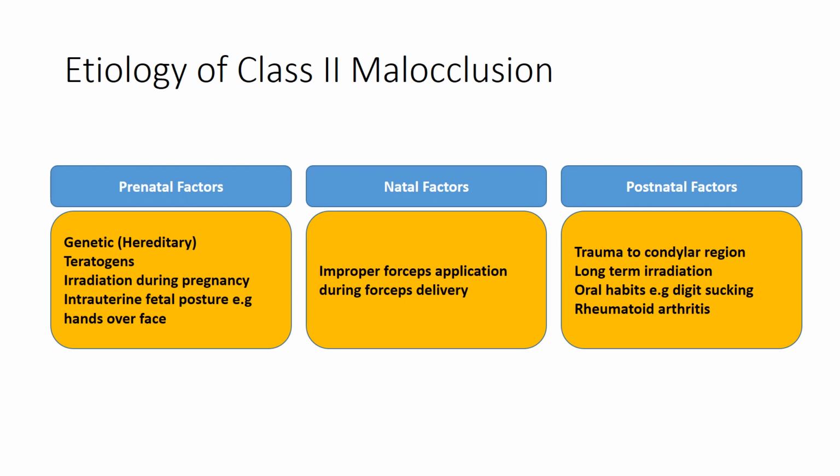For example, if the hands of the fetus lie over the face, that may impede mandibular development. Natal factors, that is, factors during the birth process itself, usually involve improper forceps application during forceps delivery. Postnatal factors are factors after birth. It can be due to trauma to the condylar region, long-term irradiation, oral habits like digit sucking, and rheumatoid arthritis.